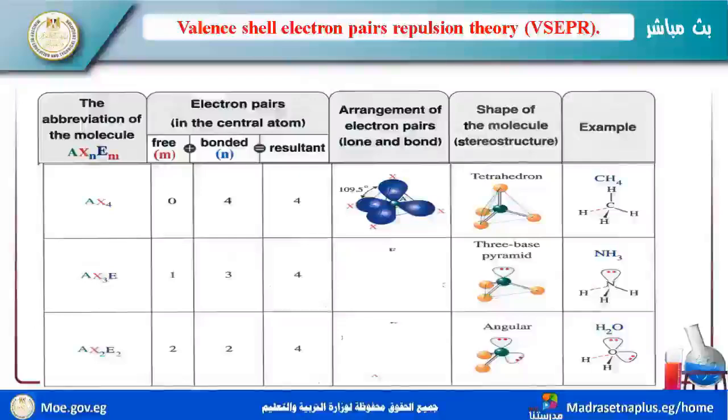I have 3 single electrons distributed in 3 single orbitals, px, py, and pz, and I have 2s with 2 electrons, a lone pair. So we have a lone pair on nitrogen. So the shape is a triangular base pyramid, like that.